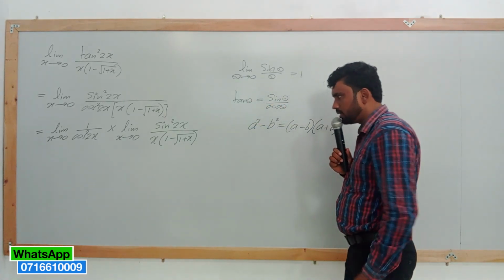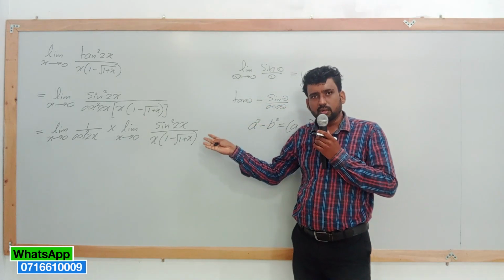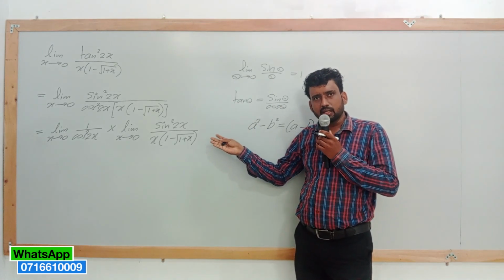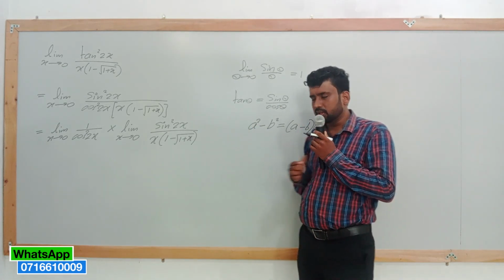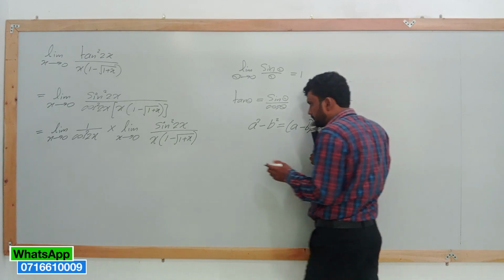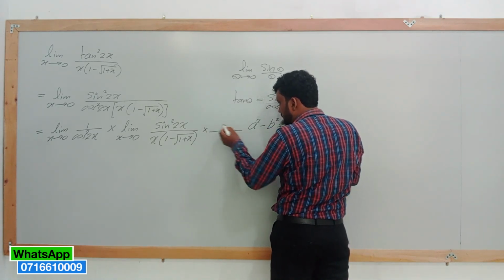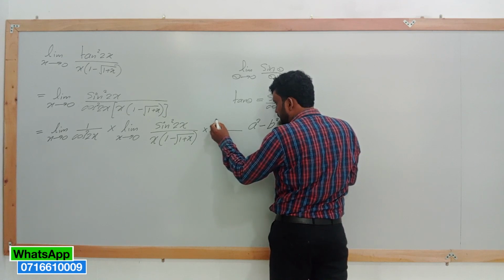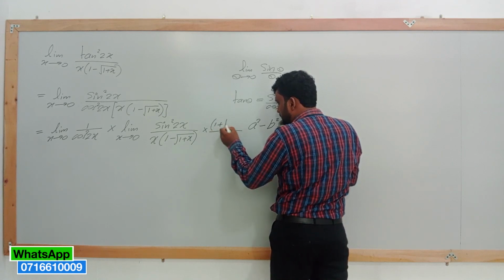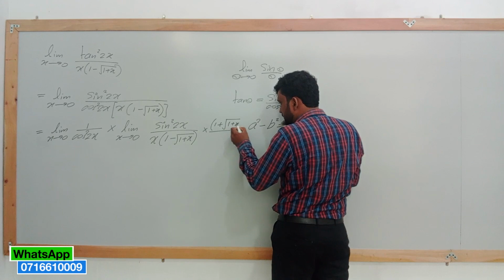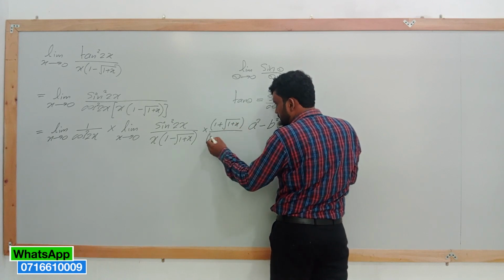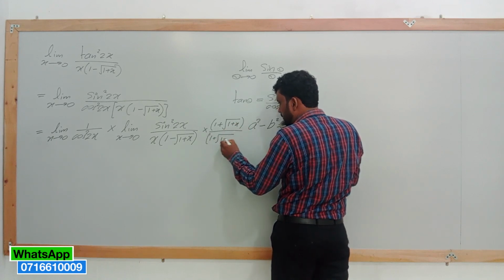Then we can remove that root, right? That is the method. Therefore, multiply by 1 plus root 1 plus x.